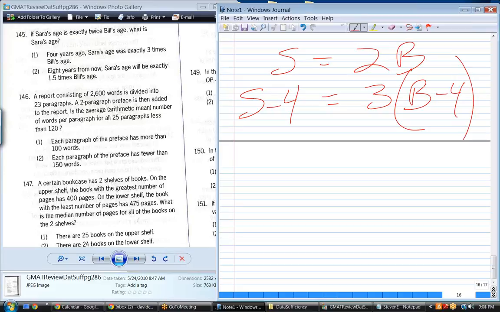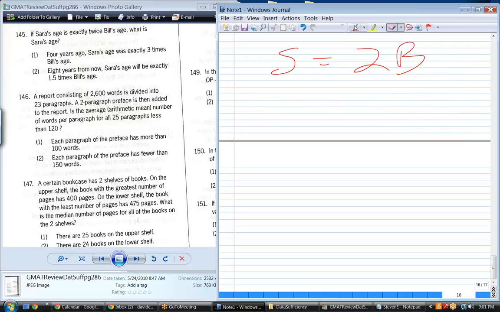You want to be able to recognize that if you can write 2 equations and 2 unknowns, you can solve for it. And then part 2 is 8 years from now. Sarah plus 8 equals 1.5 Bill. So it's another equation. Sarah plus 8 will be equal to 1.5 B plus 8.